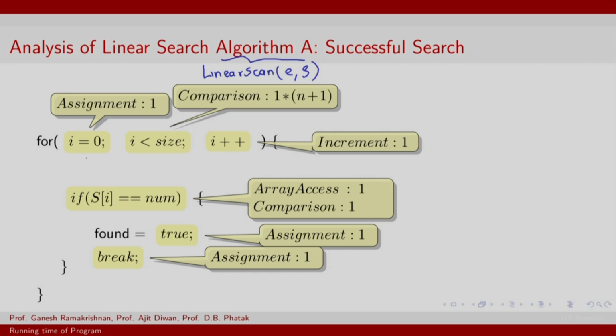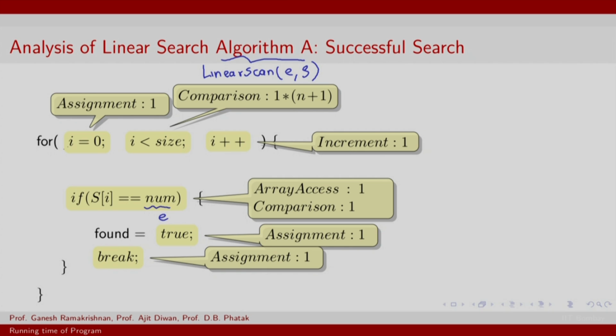This is a linear scan algorithm which takes as input the element E and the sequence S, and as the name says, it scans every element, checks if the element is the number that you are searching for. The num here is the E. If found, it breaks, else it continues the scan.